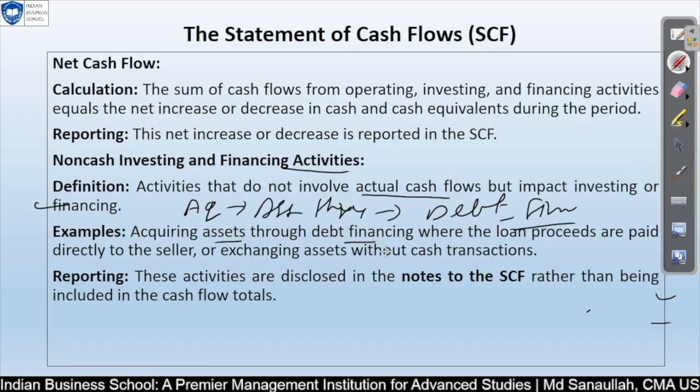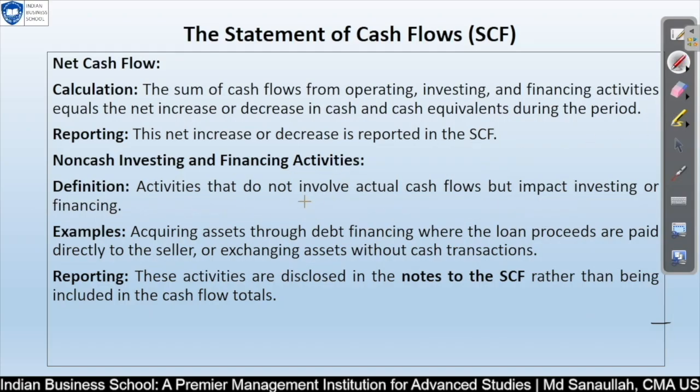Your asset will increase, your debt will increase, but this transaction has no cash item, so it will not be reflected in your cash flow statement. And where the loan proceeds are paid directly to the seller in exchange for the asset without a cash transaction, this is a kind of non-cash investing and financing activity. This is not influencing your cash flow, so it is not our intention. We are not interested in knowing about this point of view. We just want to know with regard to cash. That is why its name is cash flow statement.